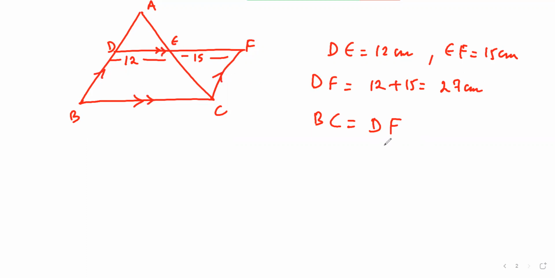So BC will be equal to DF. BC will be 27 centimeters. So that's it. Okay. We could have used BPT, but we haven't used that. Without BPT, we have used the concept of similarity of triangles, and we have found this out. I hope the explanation up till here helps.